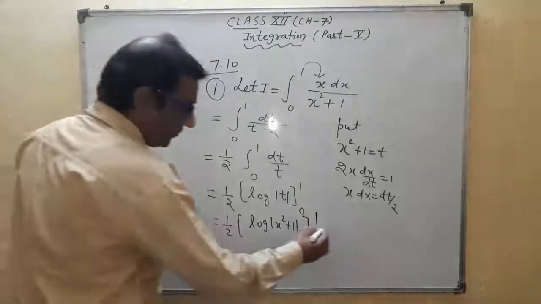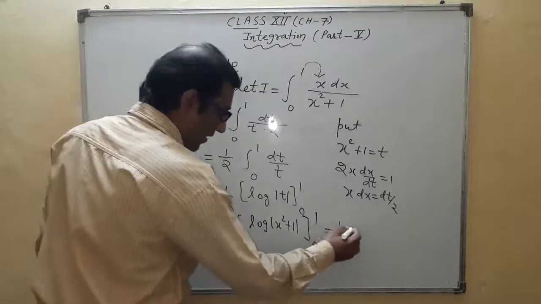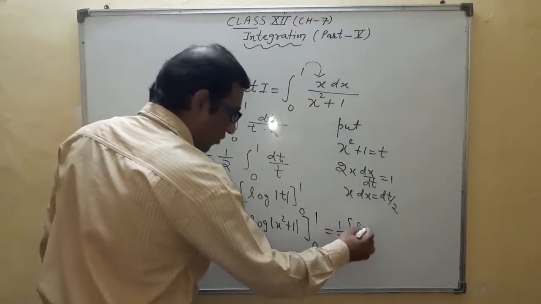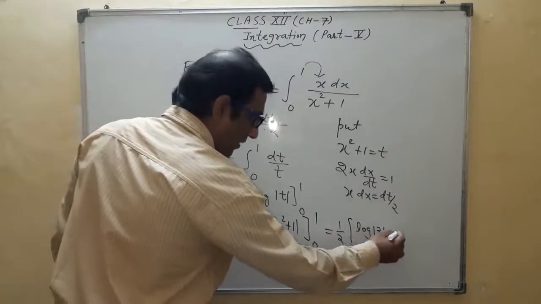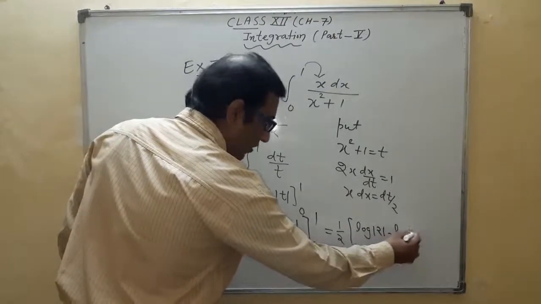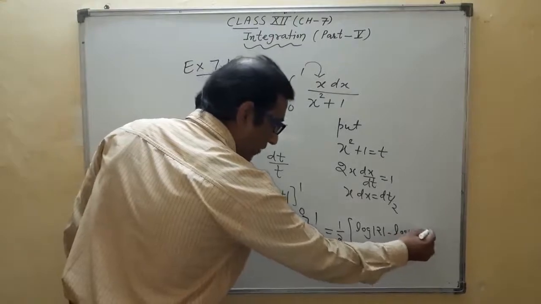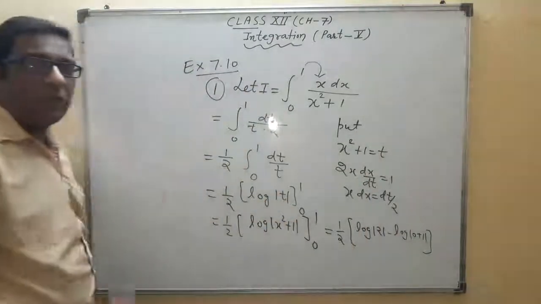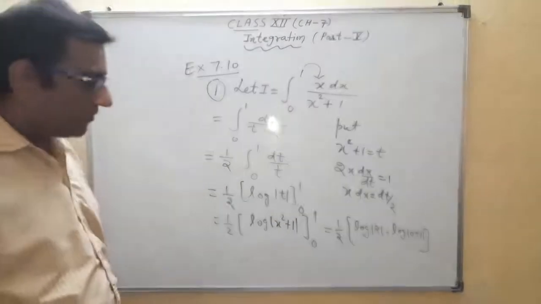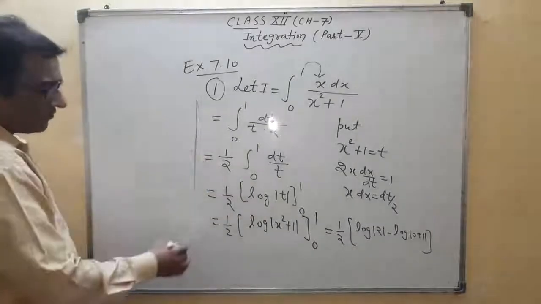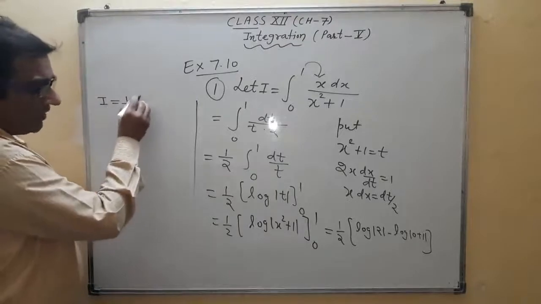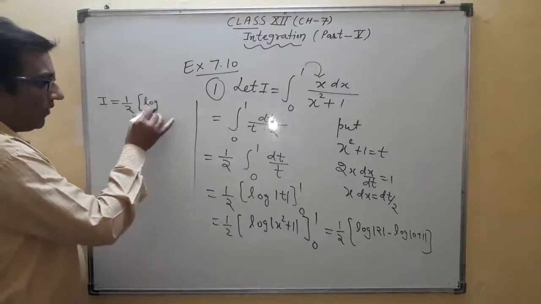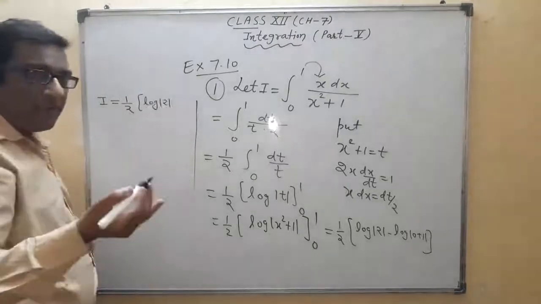So it can be written as 1 by 2 log 1 plus 1 is 2, minus log 0 plus 1, as per the concept of definite integration. After this we can say I equals 1 upon 2 as it is, log 2 remains the same, and log 1, what is the value of log 1?